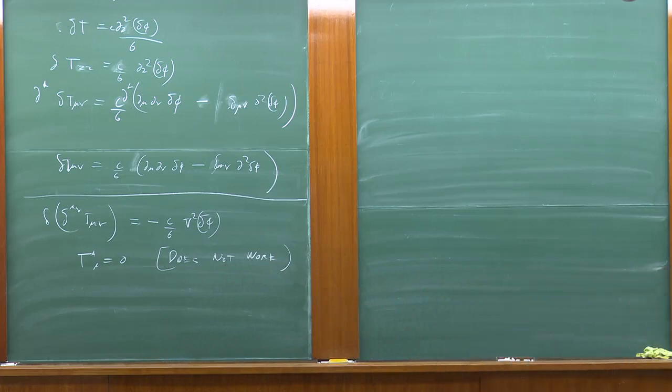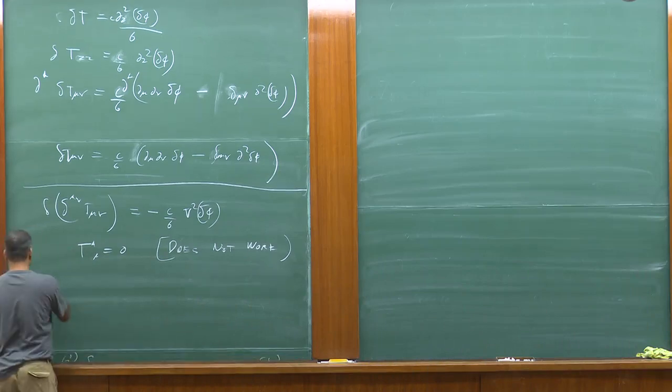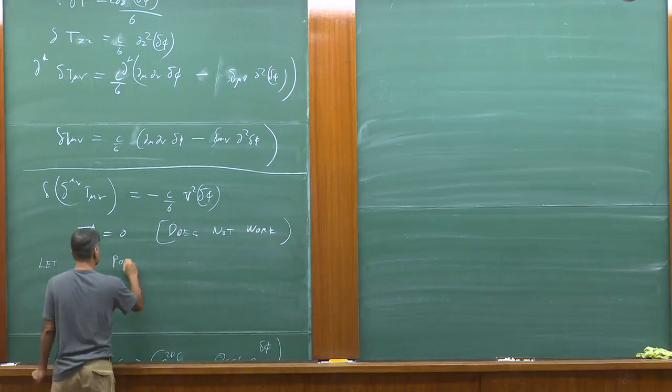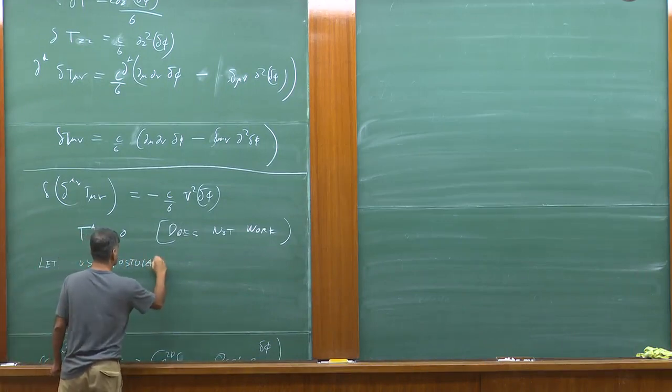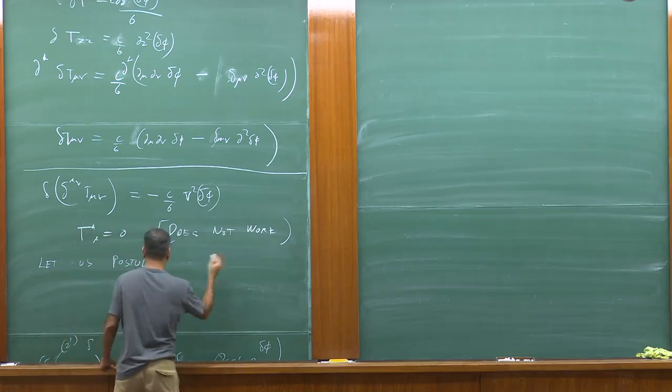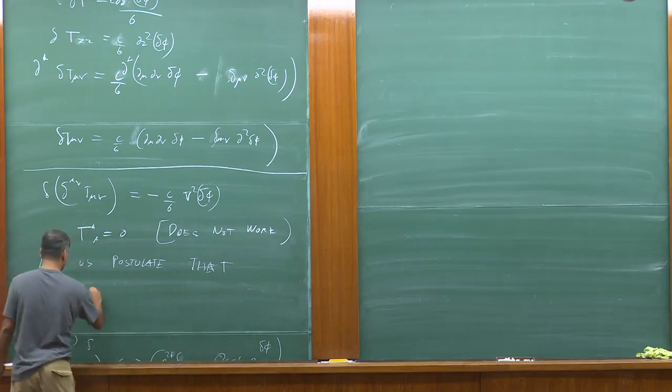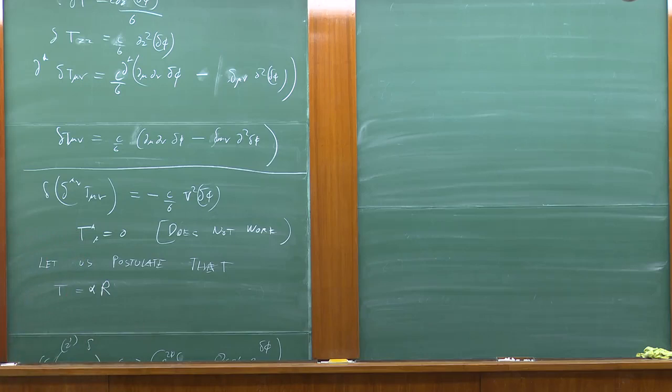It's the Ricci scalar. Okay, so let us postulate that T is equal to some alpha times R, where R is the Ricci scalar built out of our space-time metric.